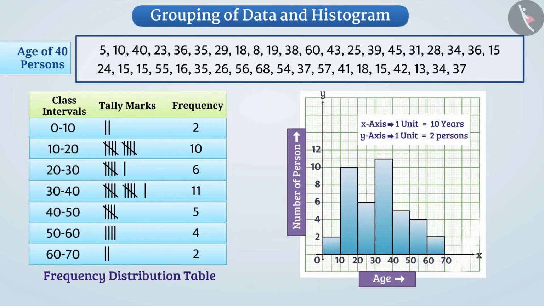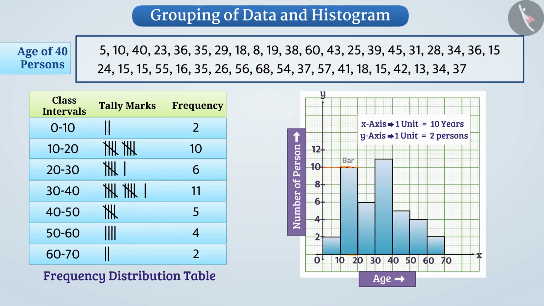In this graph, the class intervals are presented on the horizontal axis. For example, 0 to 10, 10 to 20, etc. Similarly, the number of persons are represented on the vertical axis. To show this, the scale of 1 unit is equal to 2 persons has been taken.